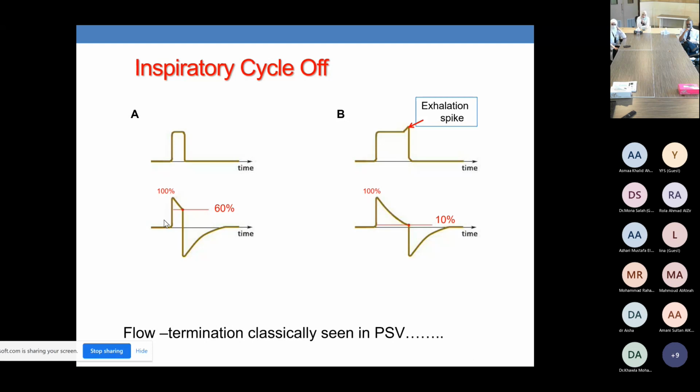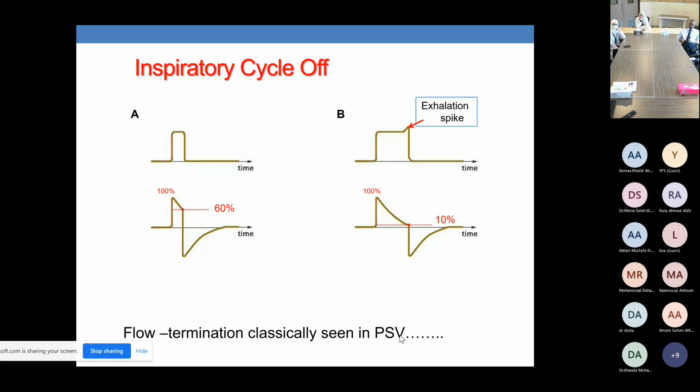There is a very important point to remember: if you have too much leak, and this leak is more than the flow cycling, then whatever you put as the I time, the patient will receive it. Usually when you change from conventional ventilation to PSV, you have to increase the I time, to give more I time for the baby himself to choose whatever he wants.